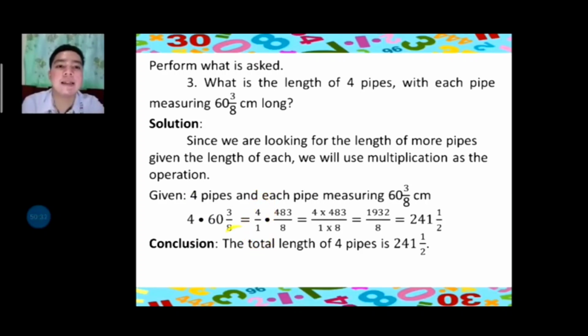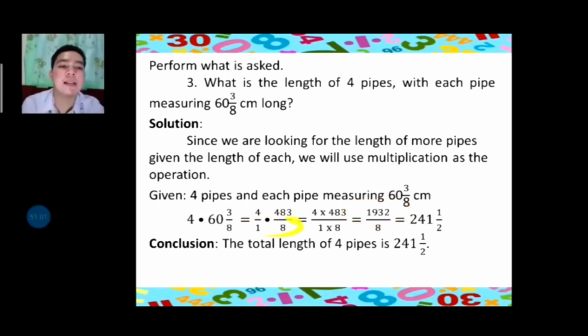Then 8 times 60 is 480, plus 3 is 483, over the denominator 8. Now let's proceed to multiplication. You can cancel this if you want, but if you don't want to, then proceed to multiplication. Numerator times numerator, 4 times 483 is 1,932.